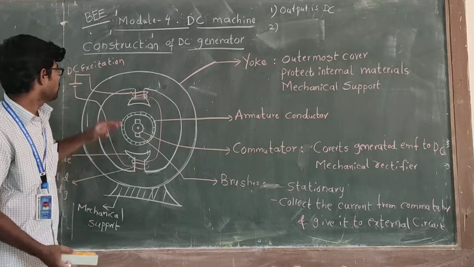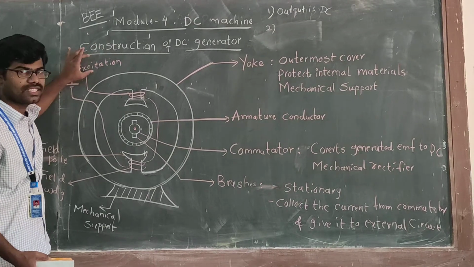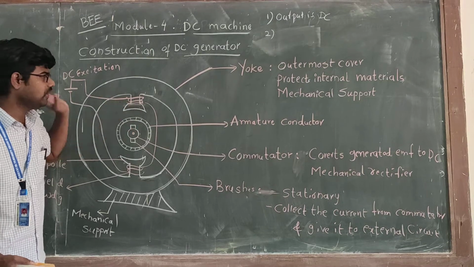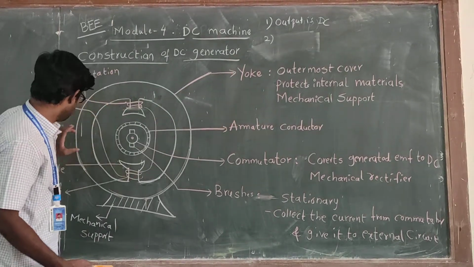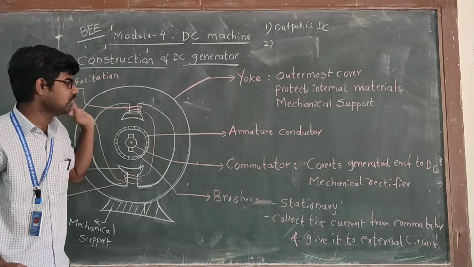What is the necessity of DC excitation? To provide the field. Whenever current flows through the field winding, an artificial field is created, and electromagnets are created here. So field poles, field windings and armature conductors are present. Whenever the armature is rotated with the help of a turbine, what happens here? So we have studied the yoke, armature conductor, field poles, field winding and DC excitation.